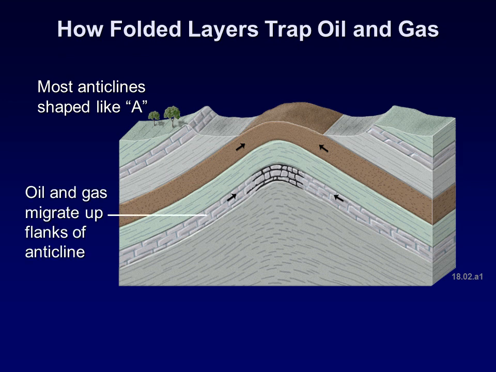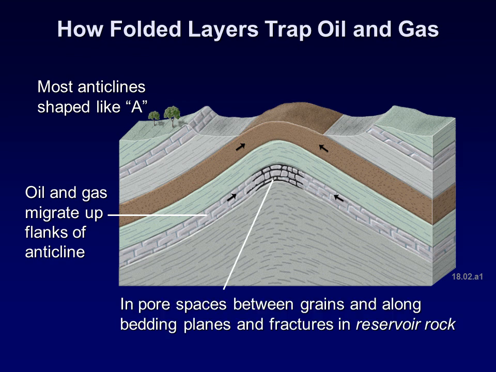Oil and gas migrate up the flanks of the anticline through a permeable unit, and in pore spaces between sand grains and along bedding planes and fractures, that's where the oil accumulates, and this is what we call, again, the reservoir rock.